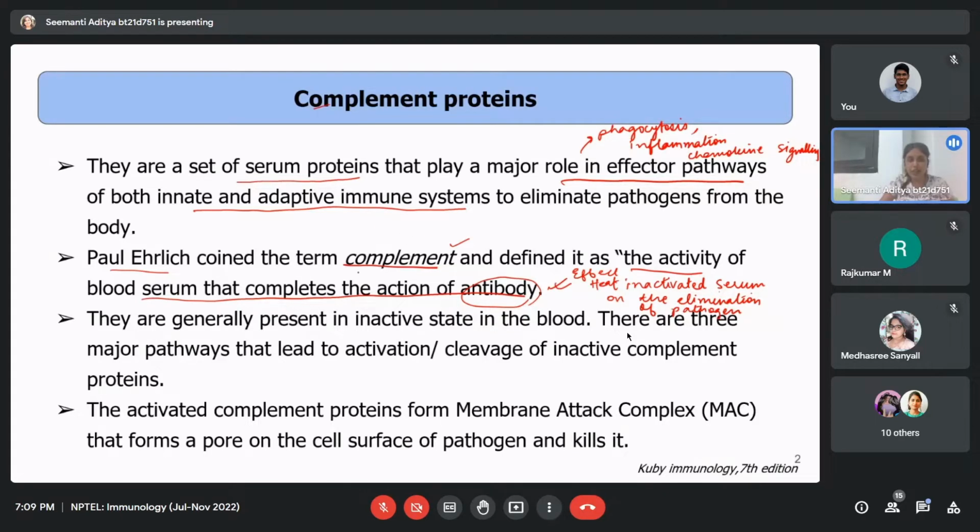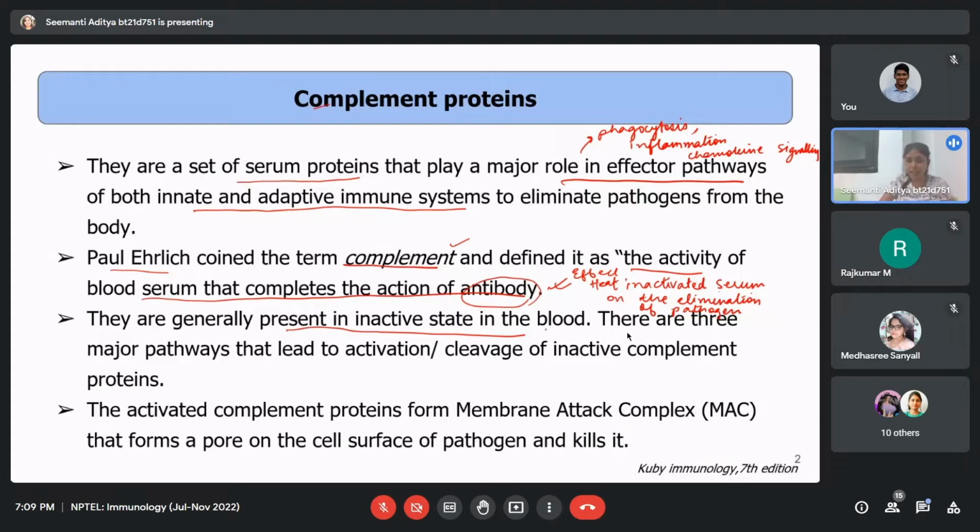They are a major component of the serum proteins, and they essentially complement the role of antibody in the body. They are generally present in the inactive state in the blood and are not performing any of these functions.